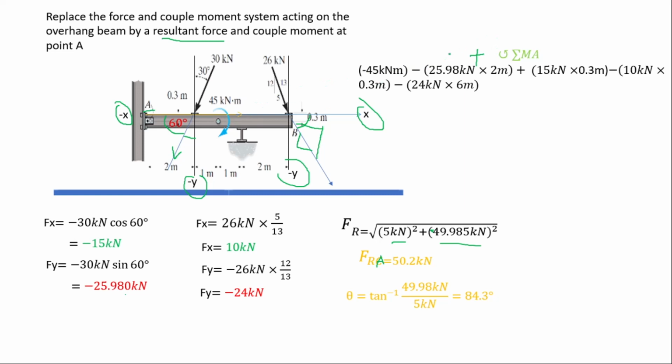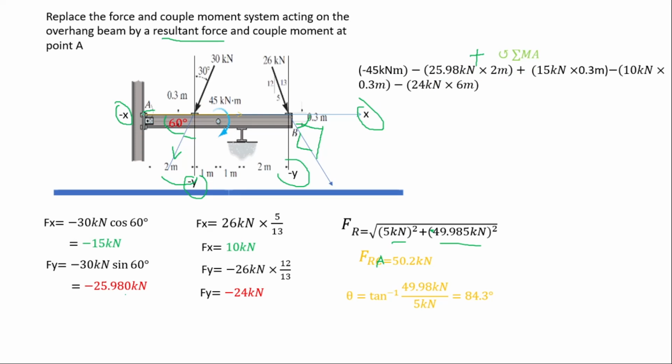Now, the 25.98 kilonewton, the negative y component, moves this side, which is anticlockwise, and the distance is 2 meters. That's why we have this, plus 15 kilonewton.